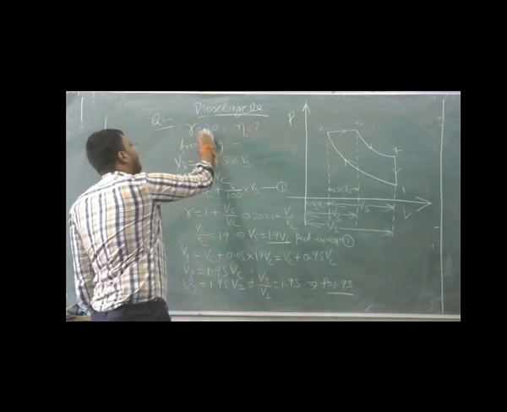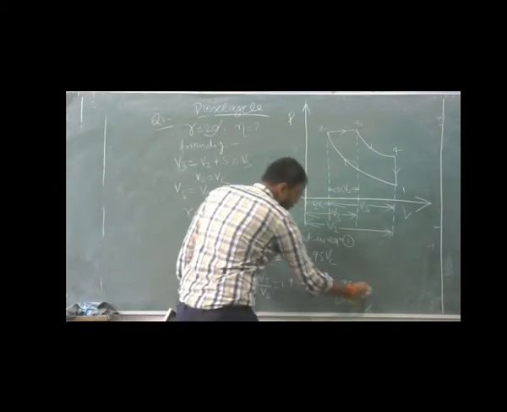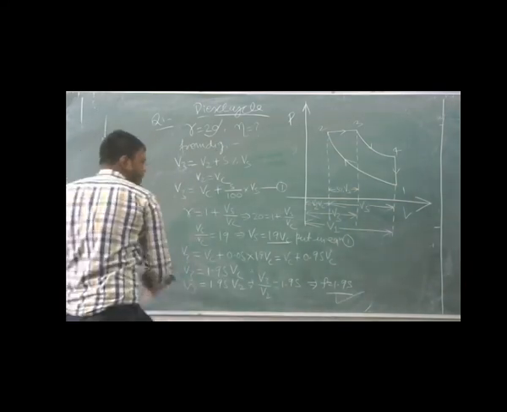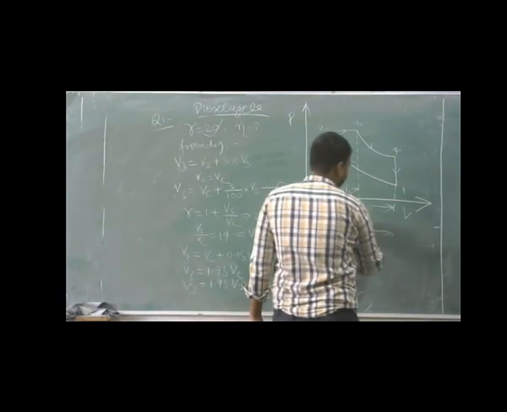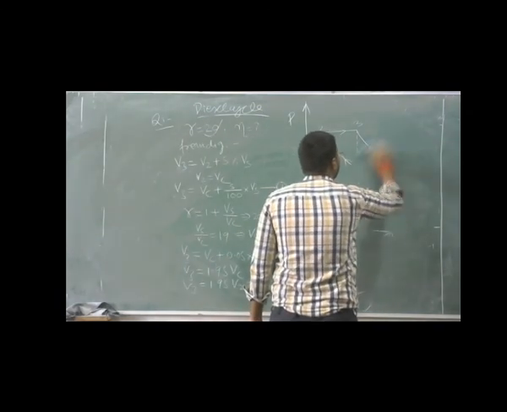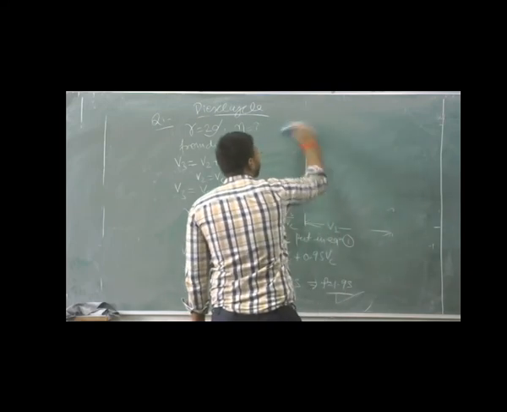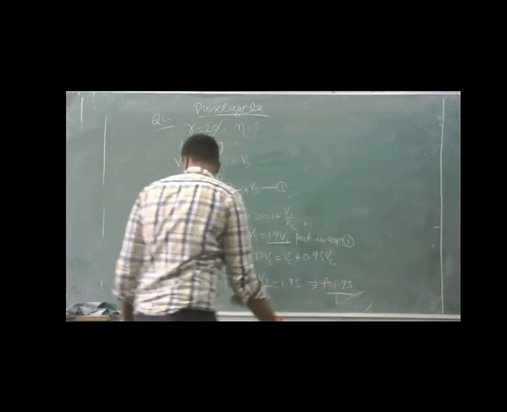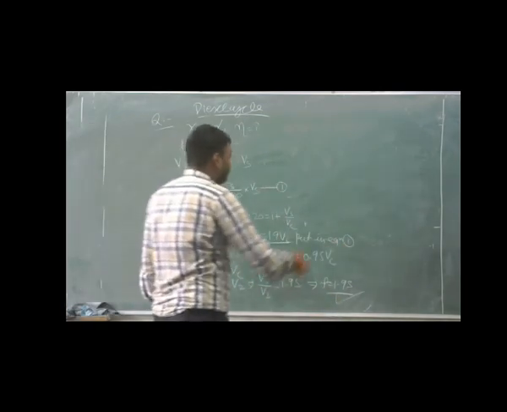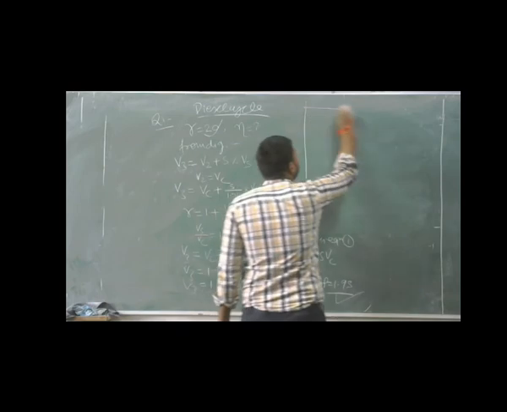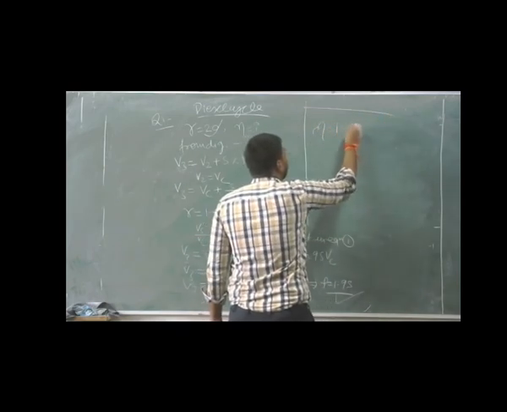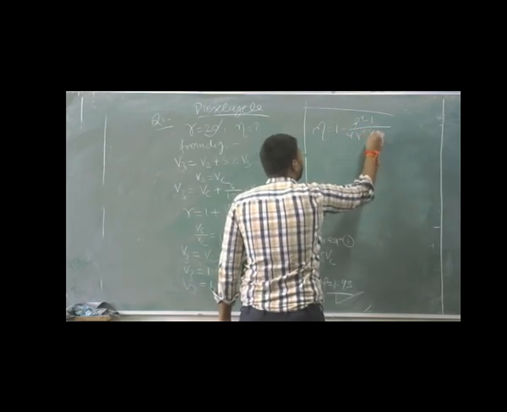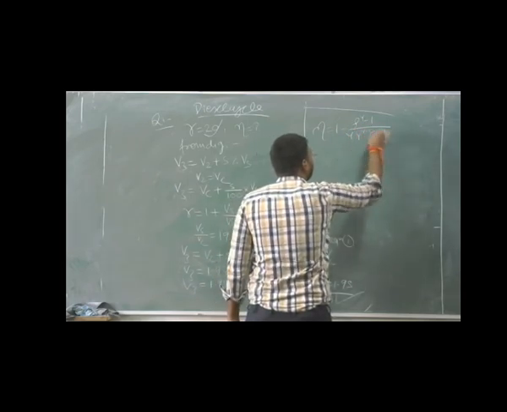Now you know the value of R and value of cutoff ratio rho, so you can easily calculate the value of efficiency. So what will be the efficiency? You know the formula of efficiency. Eta is equal to 1 minus rho to power gamma minus 1 divided by gamma into R to power gamma minus 1 within bracket rho minus 1.